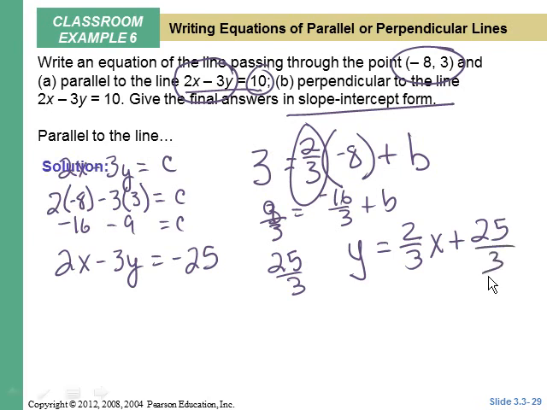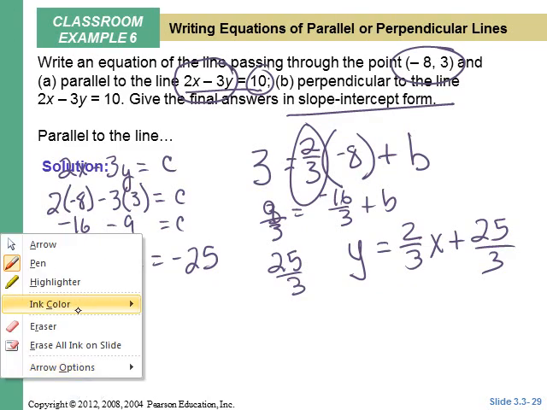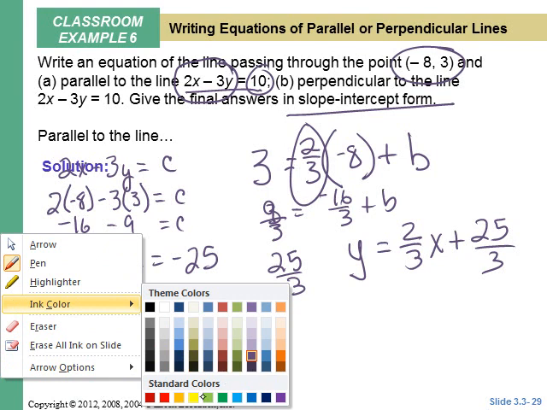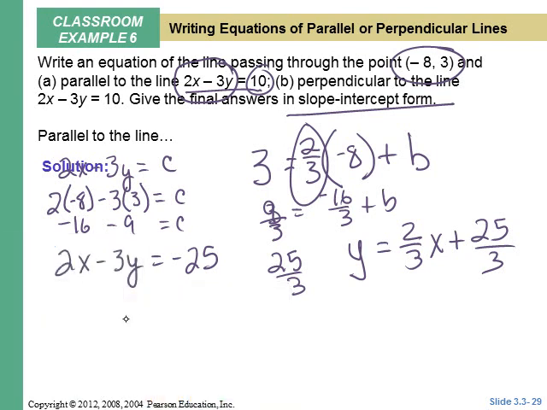Now, it also wants us to give the equation that is perpendicular to that line. So I'm going to change colors here and do the perpendicular one also. Okay, perpendicular means instead of the slope being 2/3, it's negative 3/2.